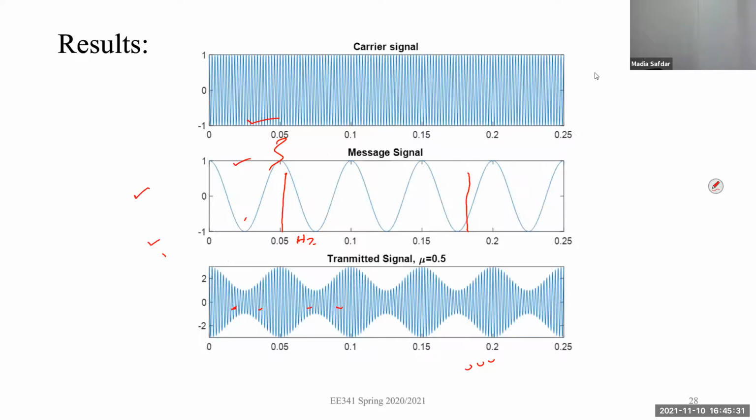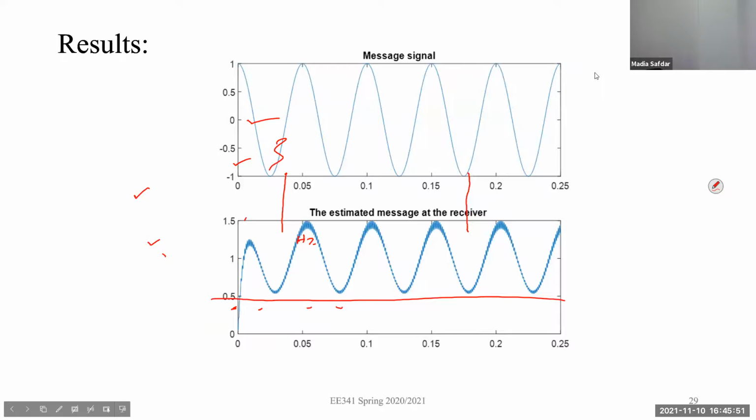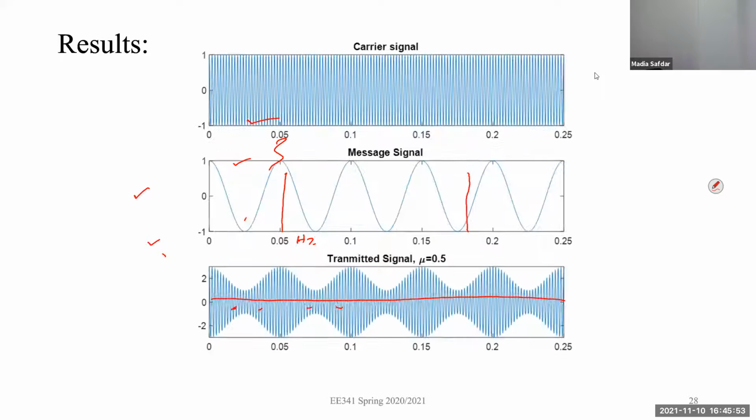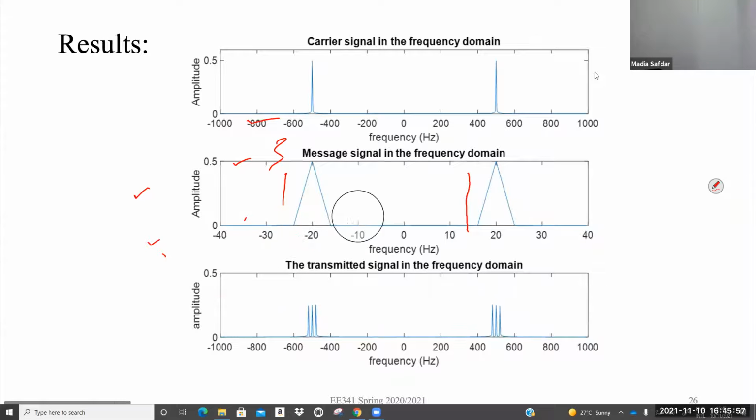In the third one, mu is 0.5. This is perfect because none of the information is lost. That's why this value should be between 0 and 1. We will check all these three cases, and between 0 and 1 will be perfect modulation.